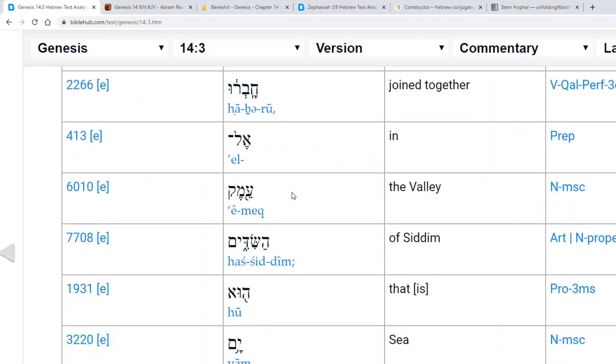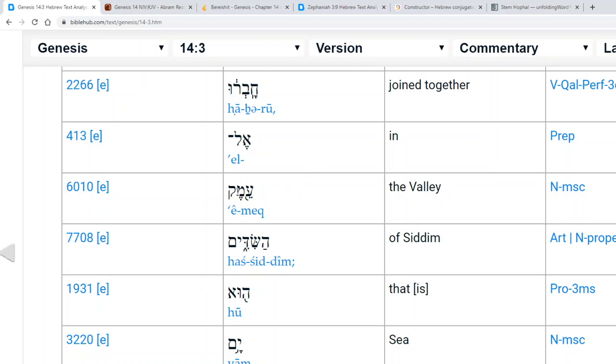El is the preposition with aleph. Emek is a valley, right? The root ayin mem kof, right? Amuk means depth, right? So an emek is a place that goes down, which is a valley.